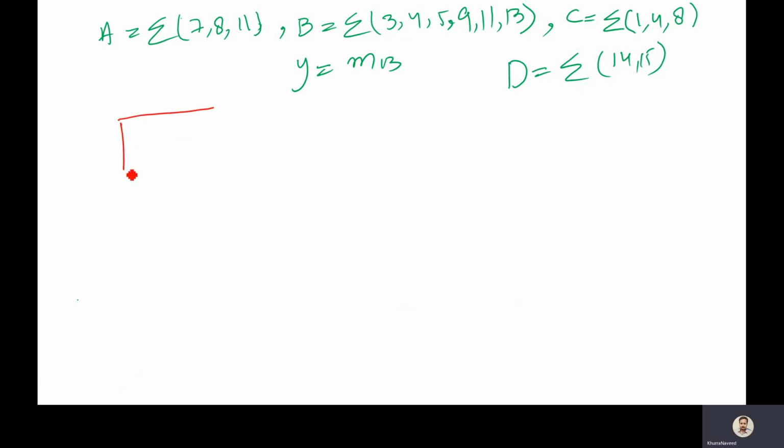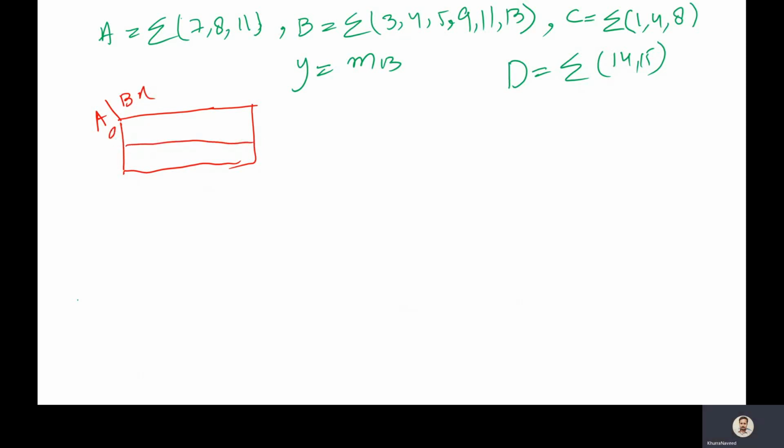So now we can make K maps for each of these outputs. First, let's make a K map for A. We have A here and B X here.